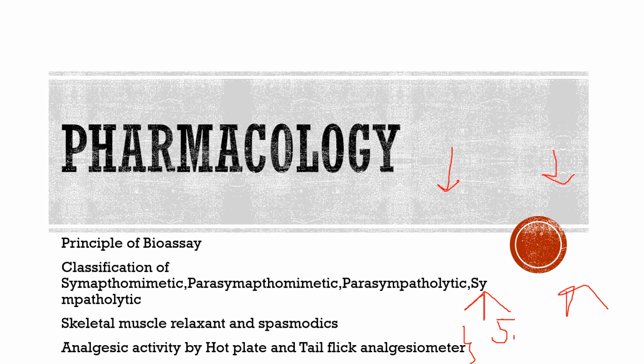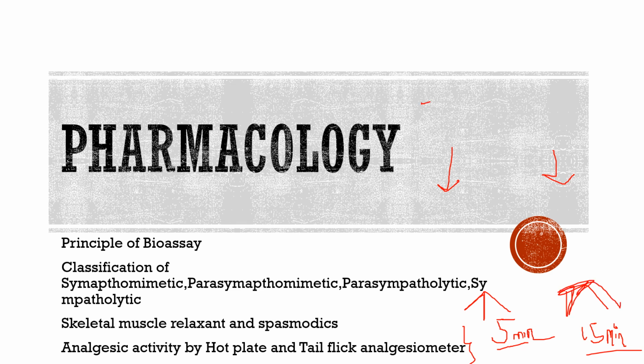So before, the pain threshold was 5 minutes, but after injecting diclofenac, it will be about 15 minutes, let's say. It's not necessarily 15 minutes, right? It depends upon the pharmacokinetics of the drug, how much it is absorbed, distributed, metabolized, excreted. So just remember, if the pain threshold has increased, its analgesic activity has been noted.